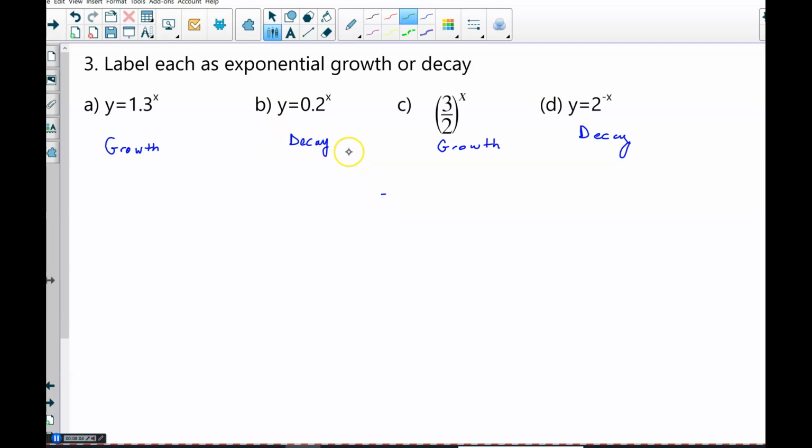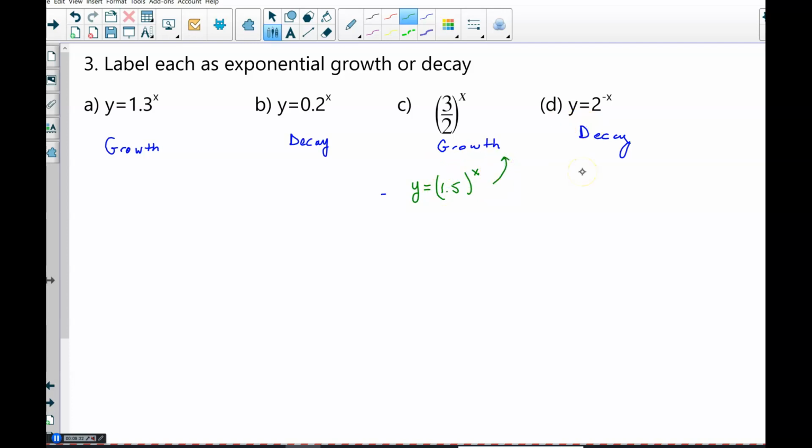as decay. For part C, we can rewrite that function as 3/2 as 1.5 raised to the power of x, so our base is greater than 1, and that's why it would be growth.